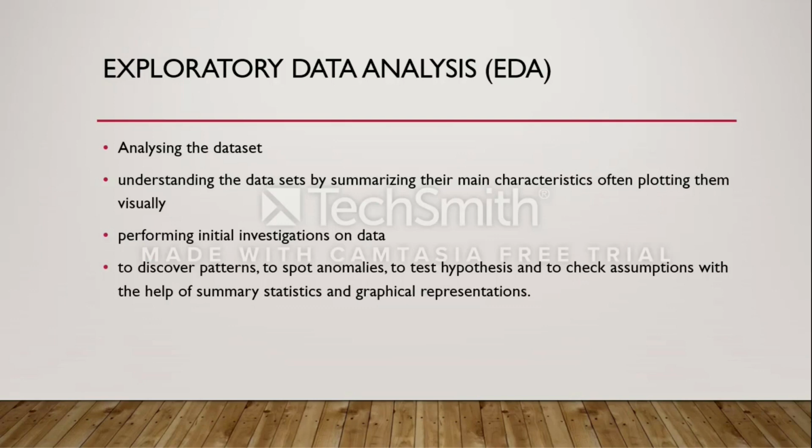Then to spot anomalies. If there are any anomalies present in the data set, that also we can analyze. To test hypotheses and to check assumptions. So if we have some hypothesis, then we can prove whether it is correct or incorrect, and if we took some assumptions, then we can confirm whether it is correct or not, with the help of summary statistics and graphical representations.